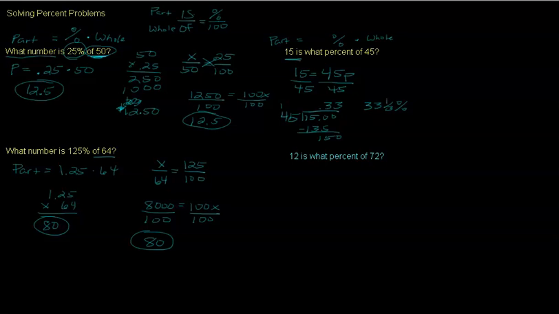Now in these, I would use this way, all right? So 15 over 45 equals, we don't know the percent, over 100. It's always over 100 here. So 45x equals 1,500.